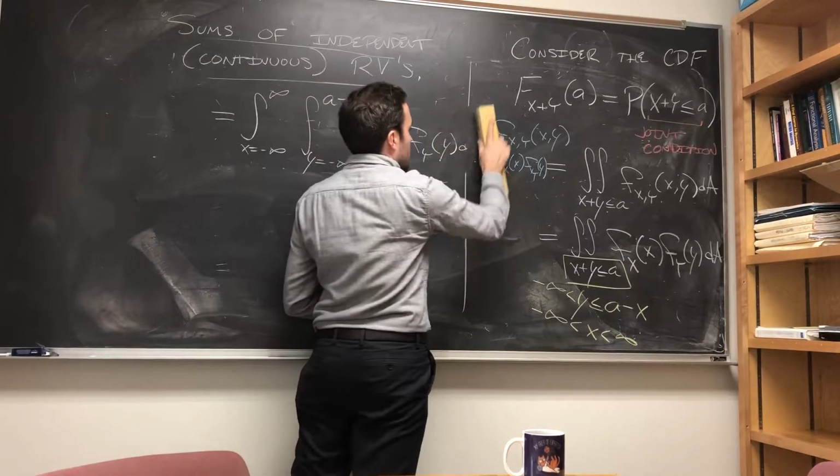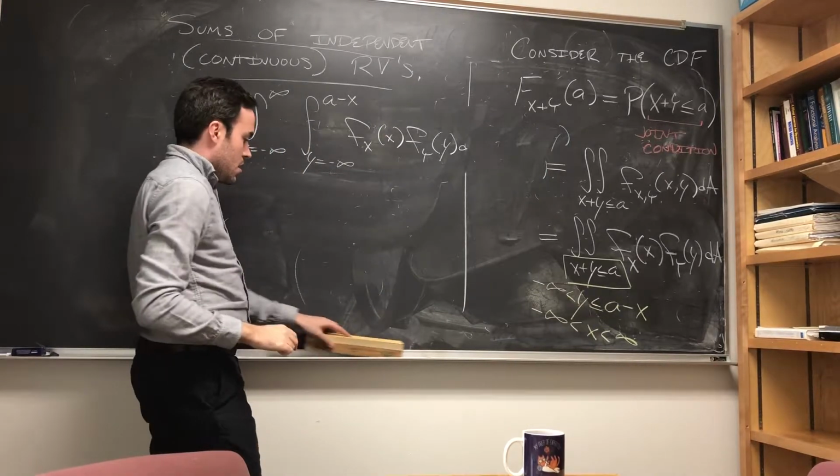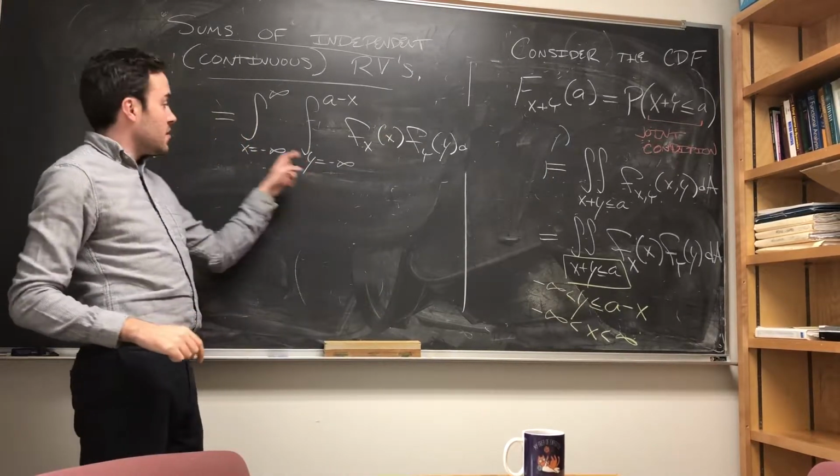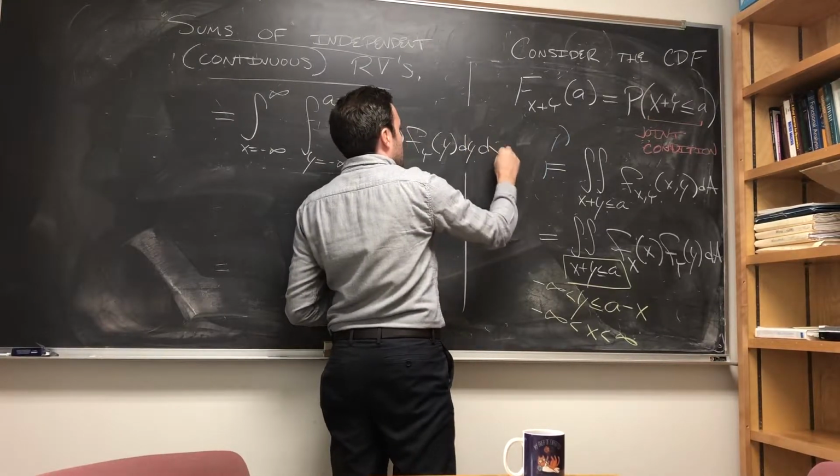Let me get rid of this stuff in blue here. We have an order for these integrals now. We integrate y first and x second. So this is going to be dy dx.